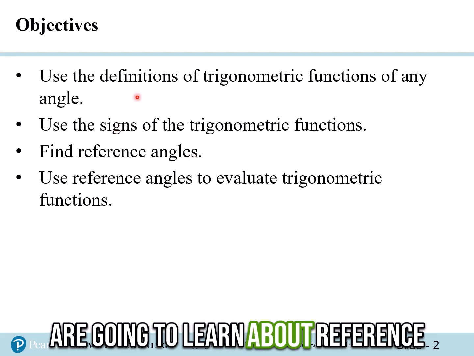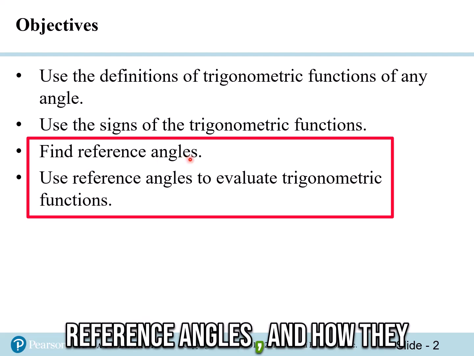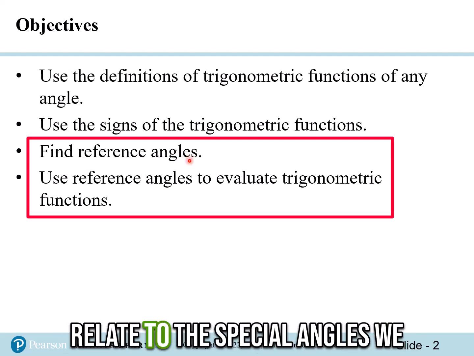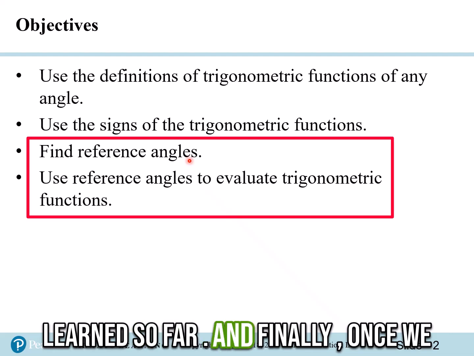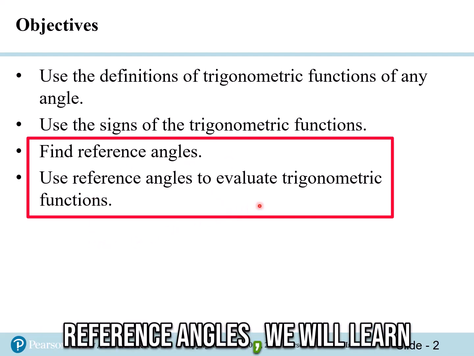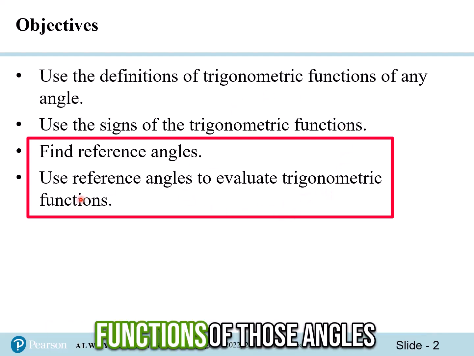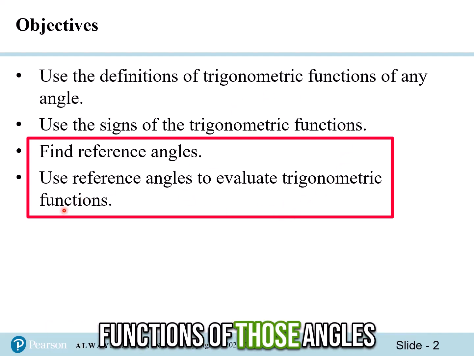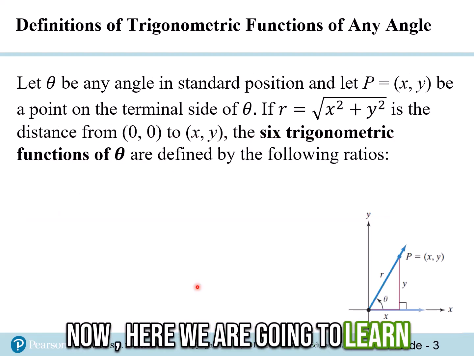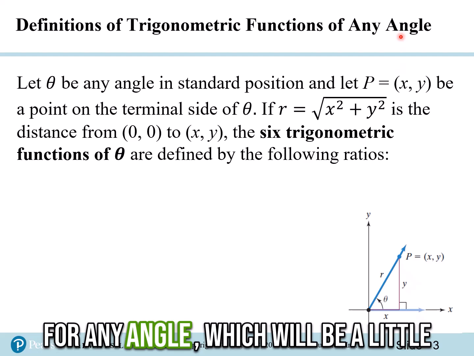We are going to learn about reference angles, what they are, how to find reference angles, and how they relate to the special angles we learned so far. And finally, once we have an understanding of the reference angles, we will learn how to calculate the trigonometric functions of those angles.